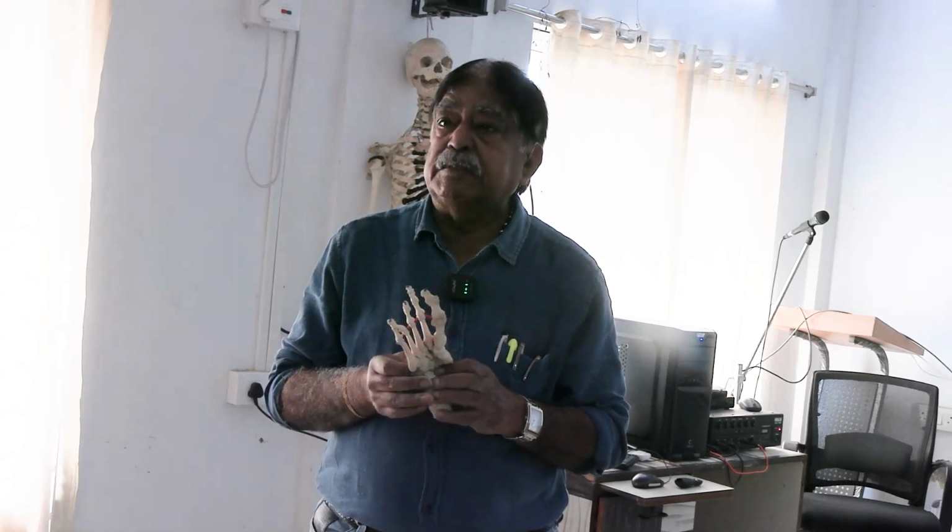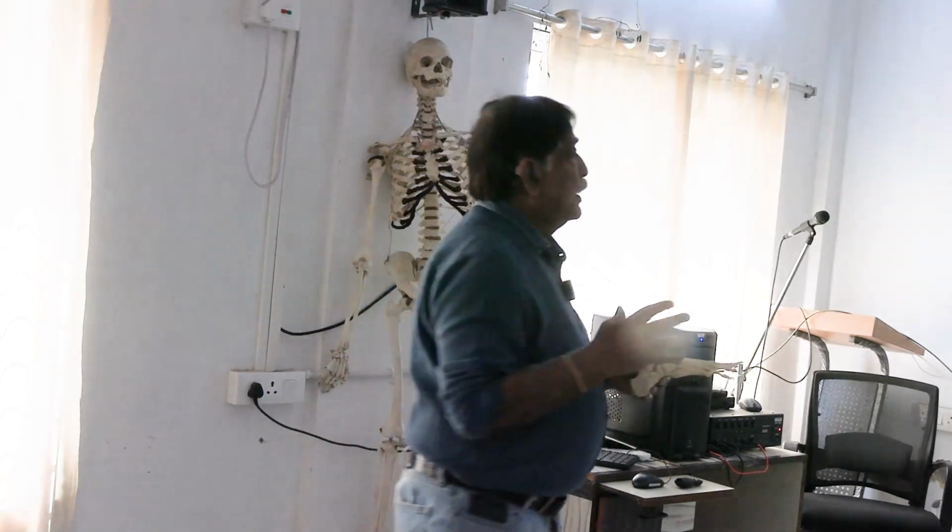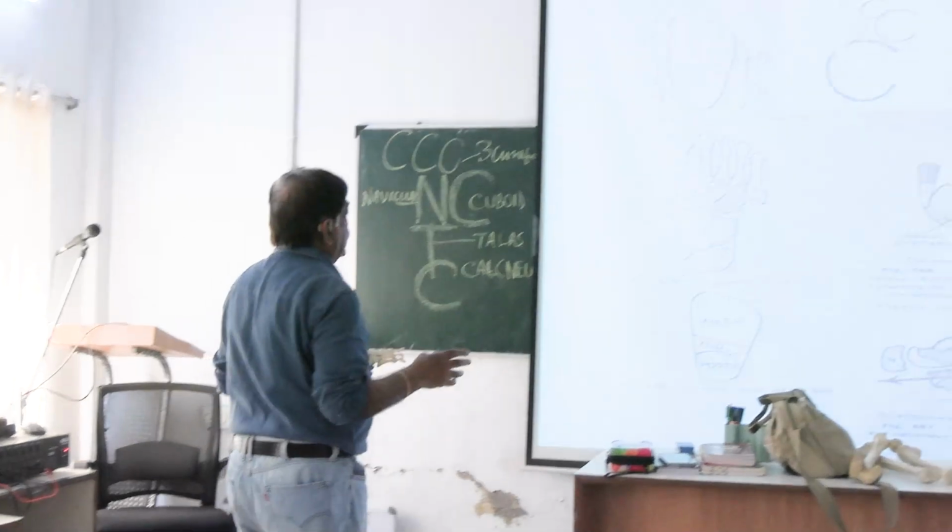The total architecture of the foot you have to study. Because if you do not know the skeleton, then how will you say where your muscles and tendons are passing through and where they are getting inserted, and inversion, eversion, flexion, extension of the foot. This is the basic skeleton you have to know.